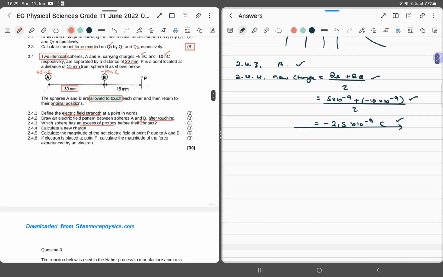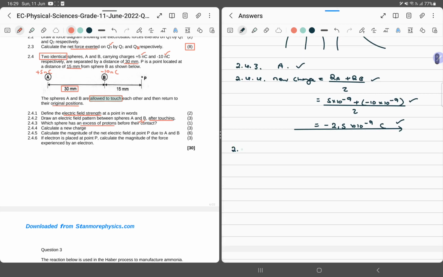Okay, so we've got 2.4.5. It says now calculate the magnitude of the net electric field at point P due to A and B. Now remember, this question does not say anything about at what time interval we are doing this.